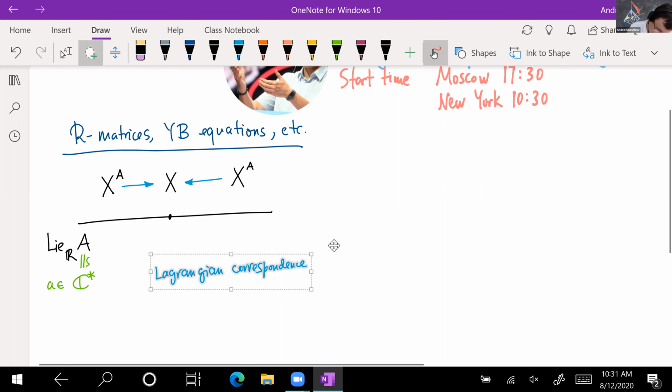So what does it mean? We need a section of a certain line bundle on the elliptic homology of X cross the fixed locus.